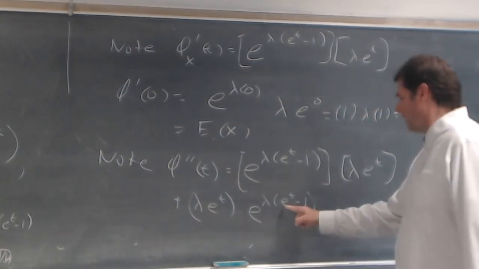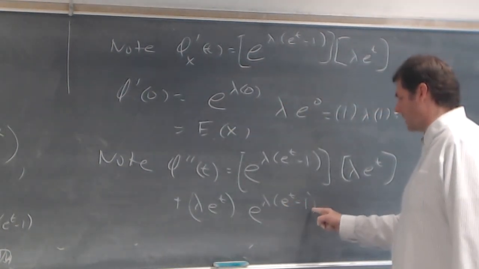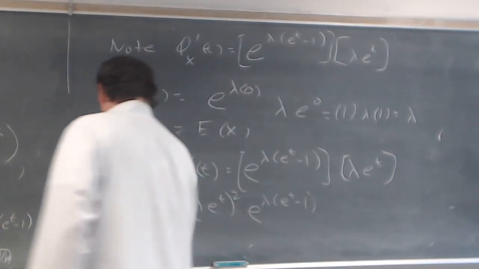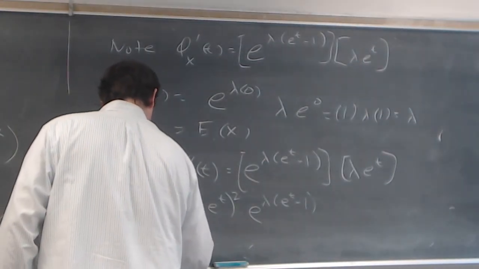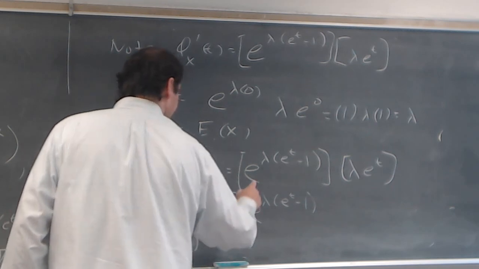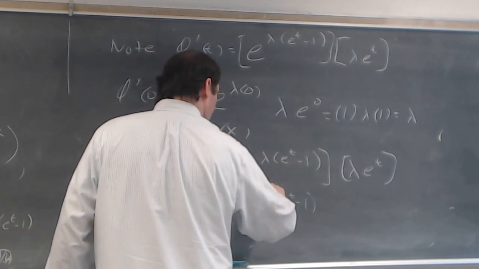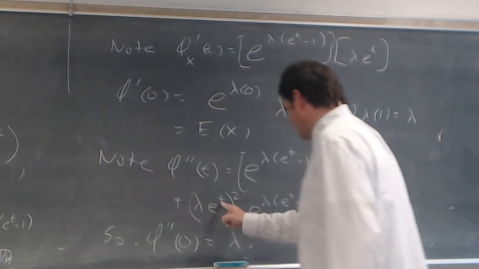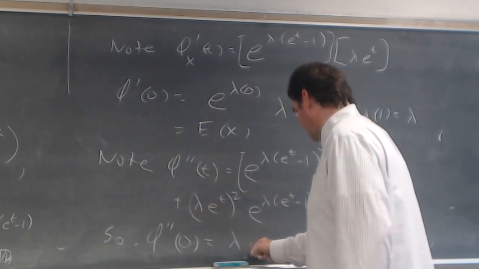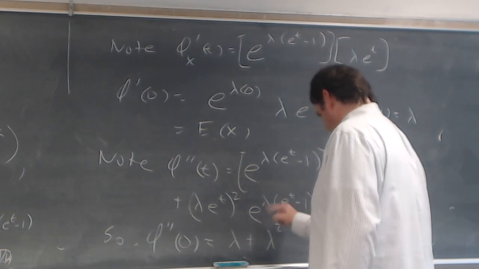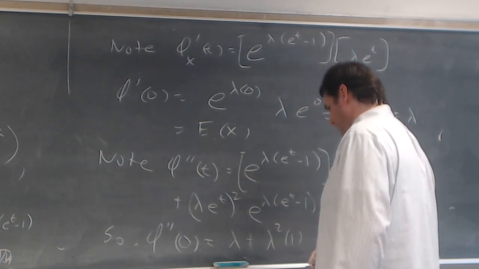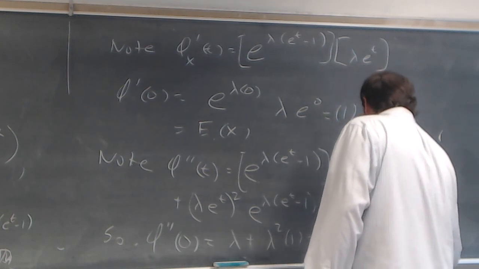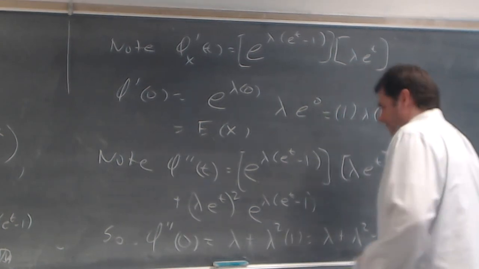That's just lambda e to the t, so I'm going to put a square here. So the second derivative, evaluated at 0, is lambda plus lambda squared, and indeed that was the expected value of x squared.